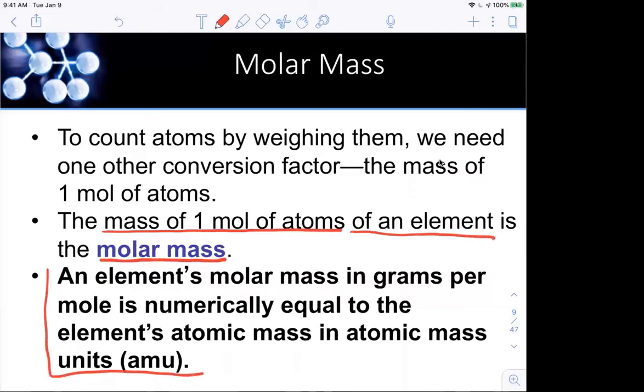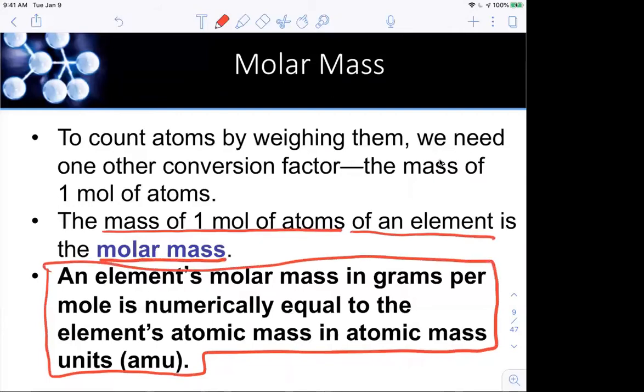This is really important here. We already know that on the periodic table, those weights that are listed, the average weighted atomic masses, are numbers on the periodic table, and typically for 1 atom, that would be atomic mass unit.